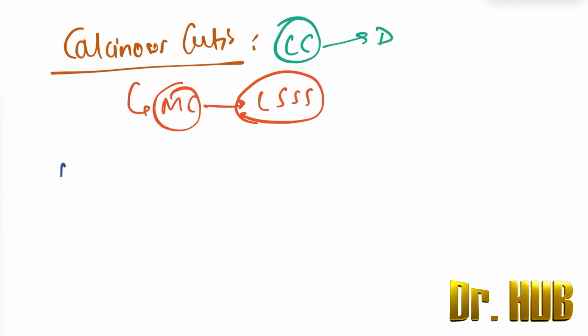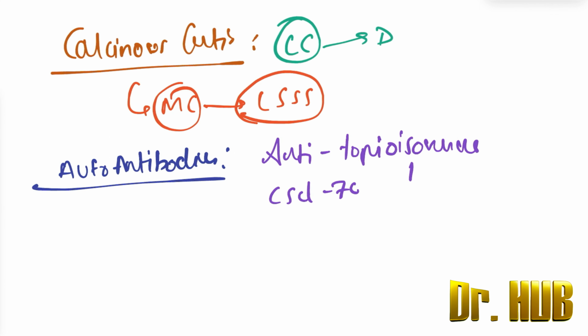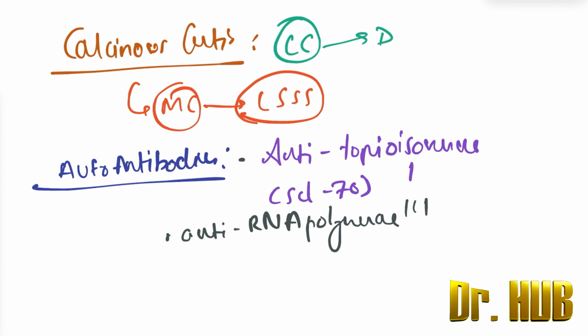Now, very important, we are going to see the autoantibodies. Under the autoantibodies, in the diffuse cutaneous systemic sclerosis, the examples are anti-topoisomerase, that is SCL70, as well as anti-RNA polymerase 3.